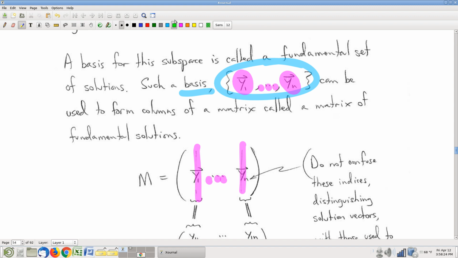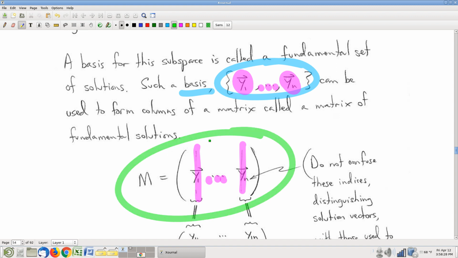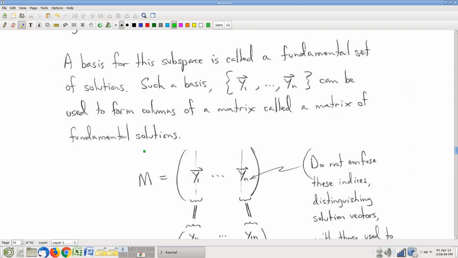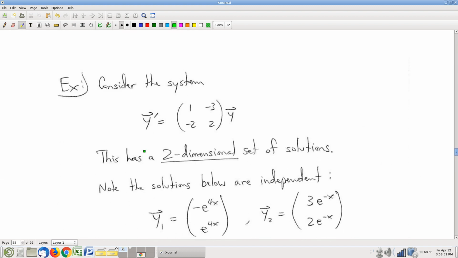What does this have to do with anything? We'll talk about that in a minute. But when you do that here, what you get is something called a fundamental solution matrix, or sometimes they call it a matrix of fundamental solutions. Any combination of the words matrix, fundamental, and solutions gets the idea across. So anyway, it's just a little terminology, and I'll show you momentarily why this is handy sometimes. Okay. All right. Let's get our hands dirty.